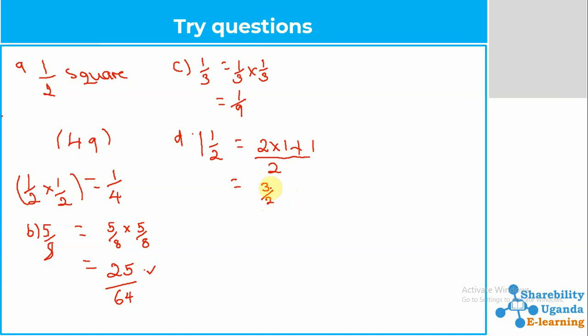Then we can say this is the same as 3 out of 2 times 3 out of 2. So our answer here is going to be equal to 9 out of 4. This is the square number that they really want.